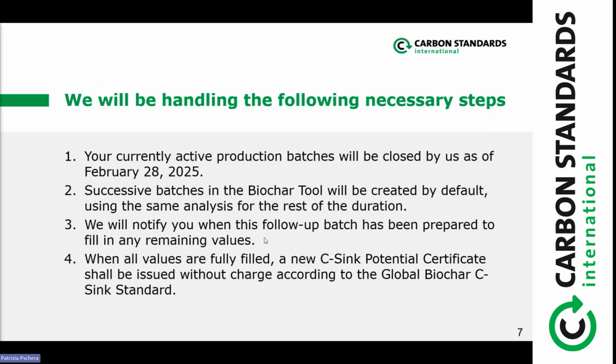We will notify you that the follow-up batch has been prepared and you need to fill the remaining values. And whenever the remaining values are filled, a new C Sink potential certificate will be issued without any charge, and it is then a C Sink potential certificate according to the Global Biochar C Sink standard.